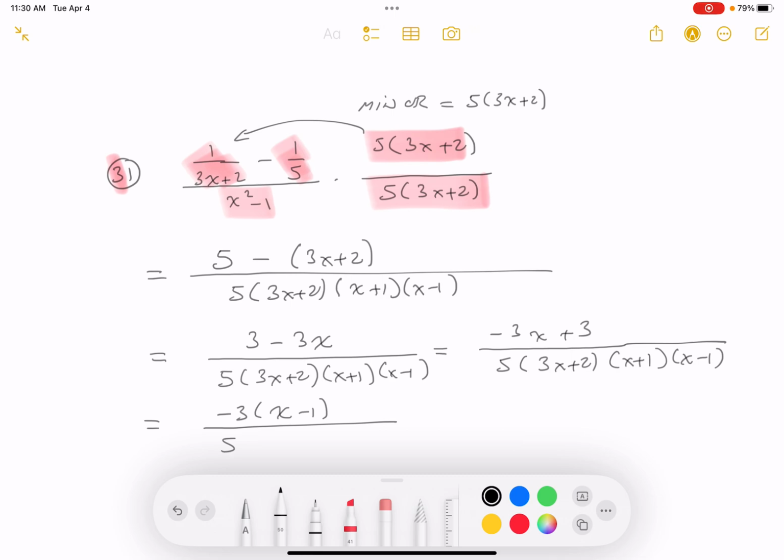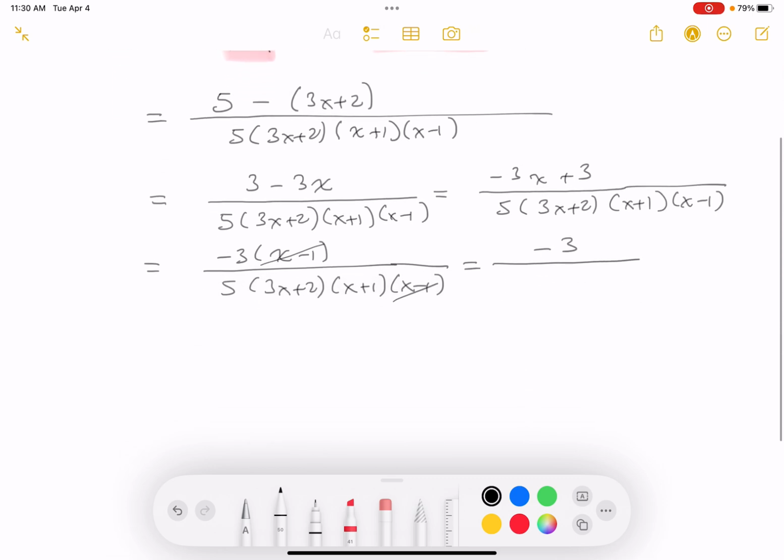On the bottom you get 5, 3x plus 2, x plus 1, x minus 1. There's a cancellation, although conditional. It is a cancellation, and we're left with minus 3 on top. On the bottom you're left with 5, just in a little bit different order, x plus 1, 3x plus 2.